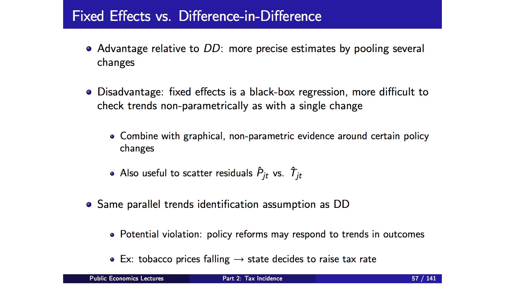Another useful kind of visual check, when you think about it from this partial regression point of view, is to scatter the residuals p hat versus t hat. So often people will say, you talk about using graphical methods like these scatter plots or time series, et cetera. How do I do that if I have controls? Well, just because you have controls doesn't mean you immediately have to do a regression.